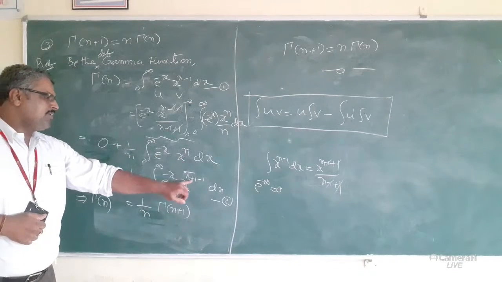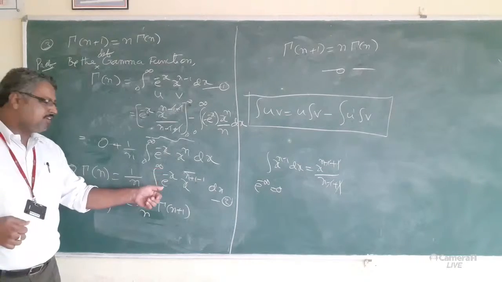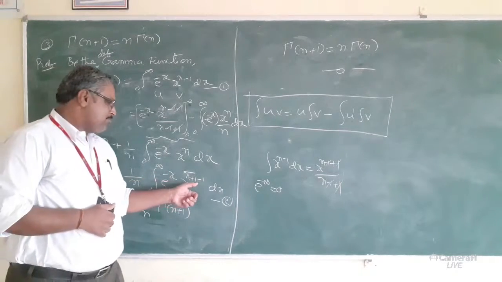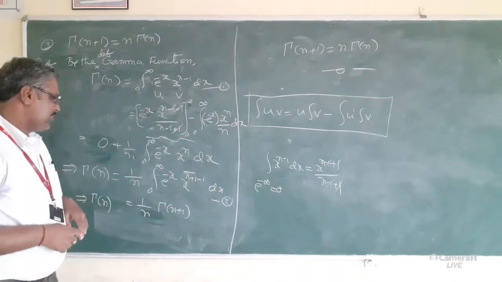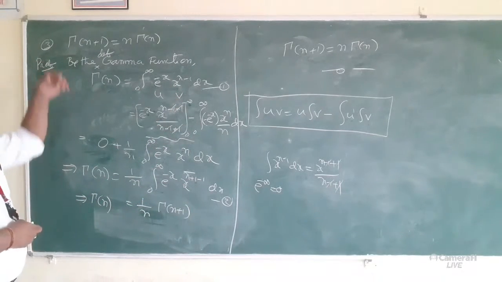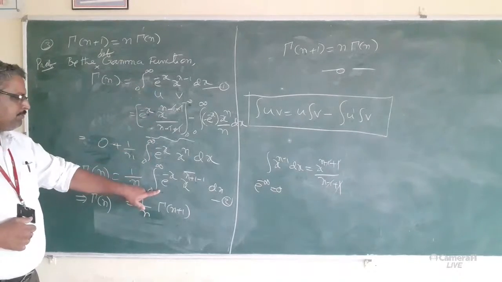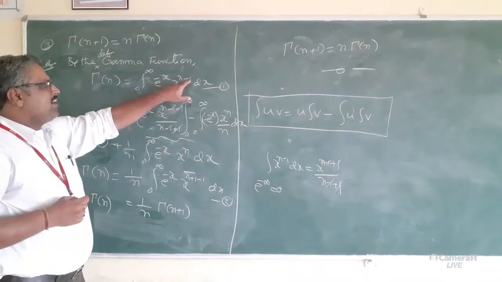Now rewriting that, n can be written as n plus 1 minus 1. Gamma n equals 1 by n integral 0 to infinity e power minus x into x power n plus 1 minus 1 dx. Now comparing with 1 and 2, the right hand side of 1 is integral 0 to infinity e power minus x, x power n minus 1.